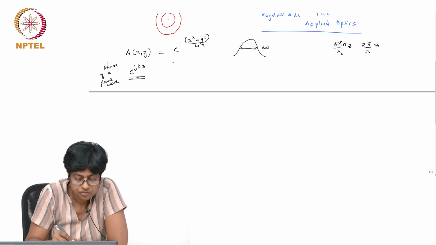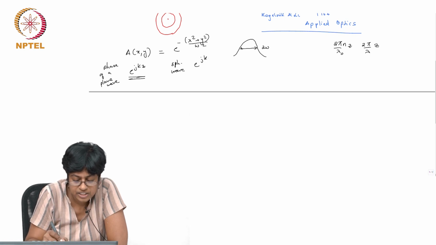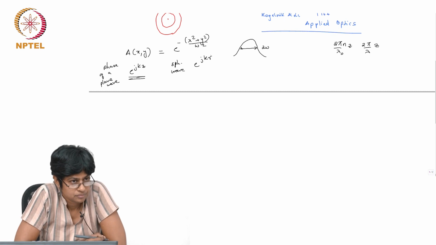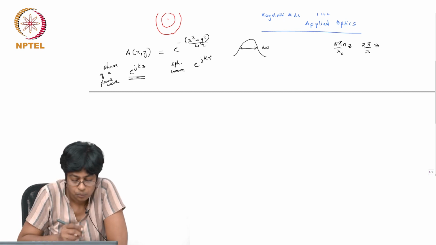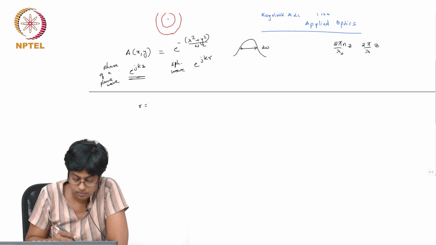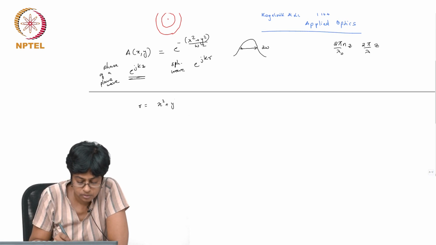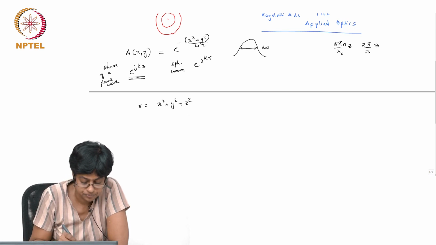If I was looking at a spherical wave, I would have jkr, where r is x squared plus y squared plus z squared.